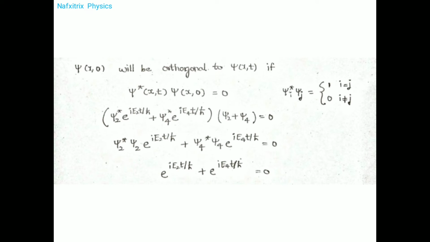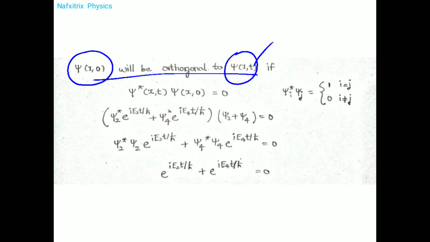Next, xi of x comma 0 will be orthogonal to xi of x comma t. This was the thing we needed to find out: at what time this would be orthogonal to this wave function. Xi of x comma 0, that is the wave function at time t equals 0, must be orthogonal to this wave function at some particular time.